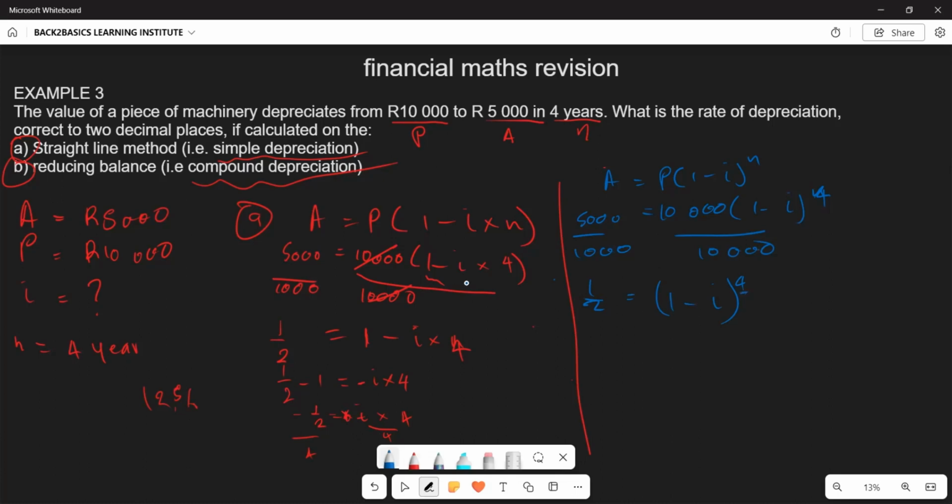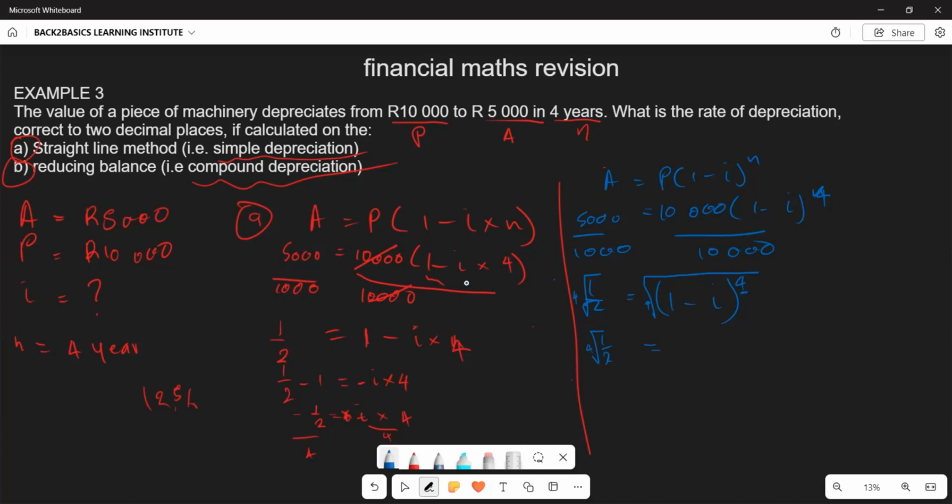And now, here we have to the power of 4. So what we can do is look for the 4th root of this bracket if you want to remove that 4. And what you do on the left, you also do on your right. So we are going to look for the 4th root, right? On this side, it is going to be the 4th root of 1 over 2.